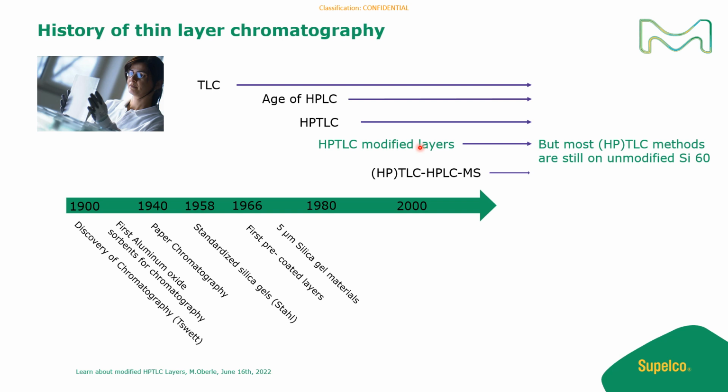So for example, the HPLC-MS coupling. But still today, around 80% of HPLC and TLC is performed on normal phase silica gel layers. So only around 20% is performed on modified layers.